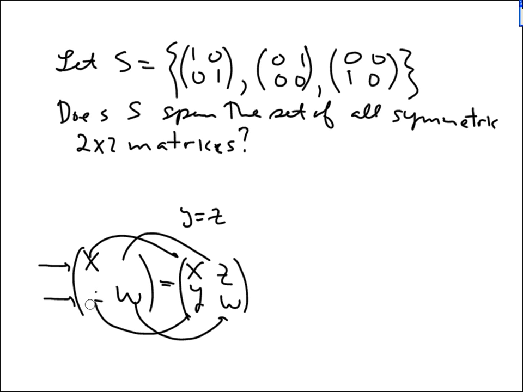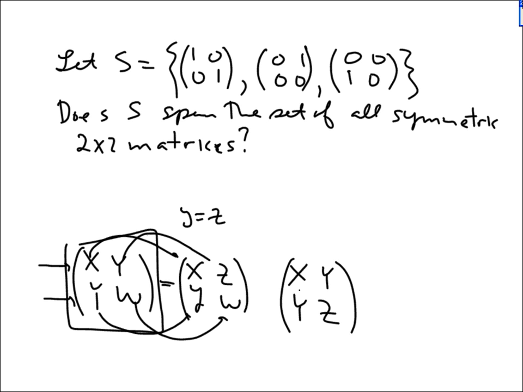That is, 2x2 symmetric matrices are in this form. Let me write it down more clearly. It's in this form, where these entries are the same. So X, Y, and Z are any real numbers, but that non-main diagonal has to be the same.